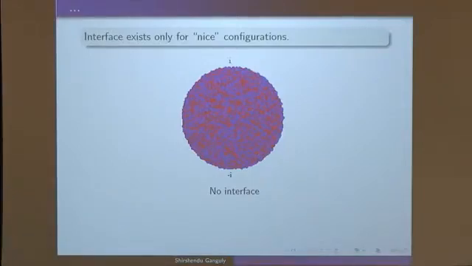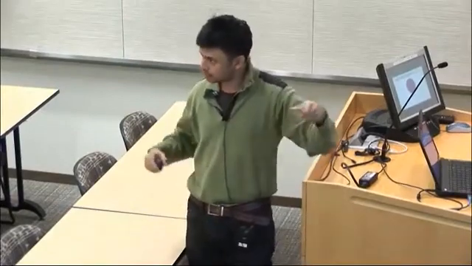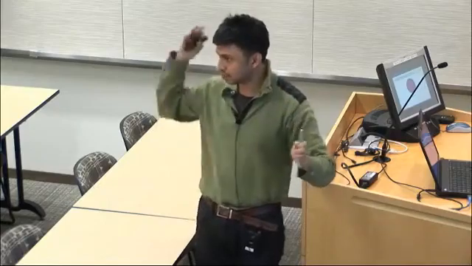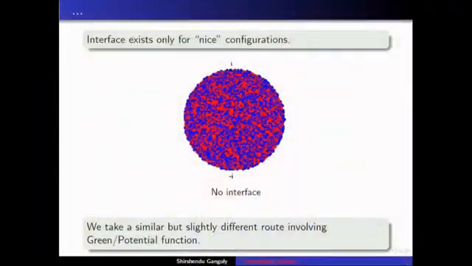So you can still define an interface maybe, but it will not separate the two sources, right? If you have a small disk here, a part of it is red, a part of it is blue, and similarly on the other side, so you will not have an interface which separates the two sources; it can cut through the middle of a source, right? So we will not take this approach directly, but a slightly different one, which tries to quantify this idea.